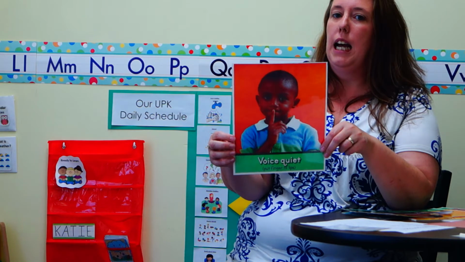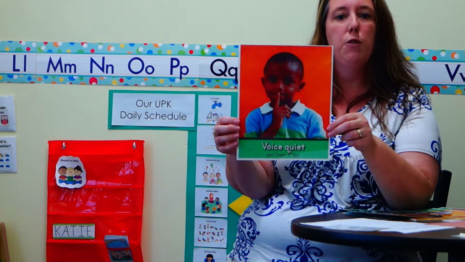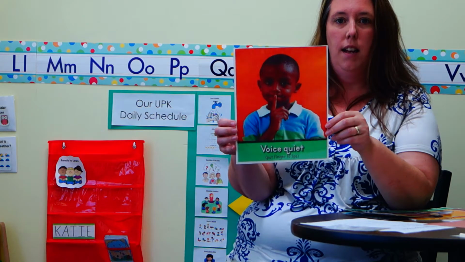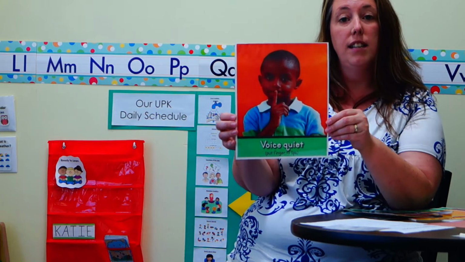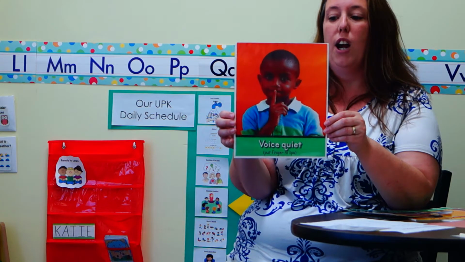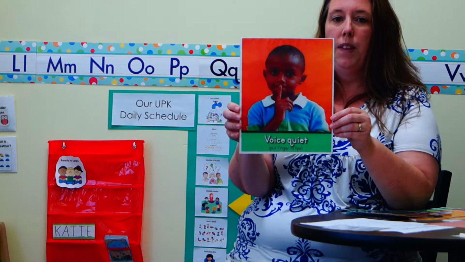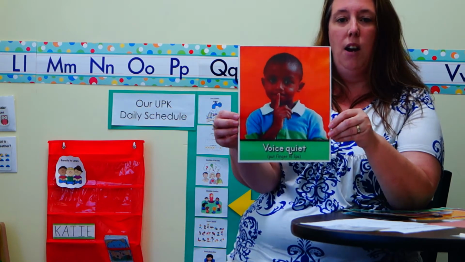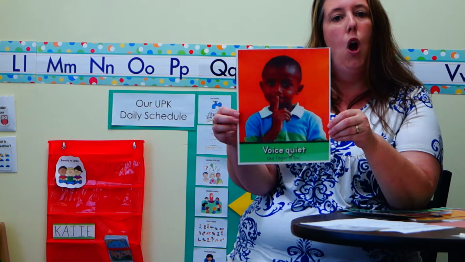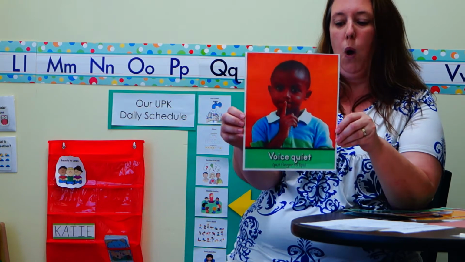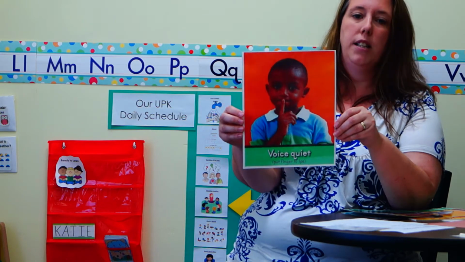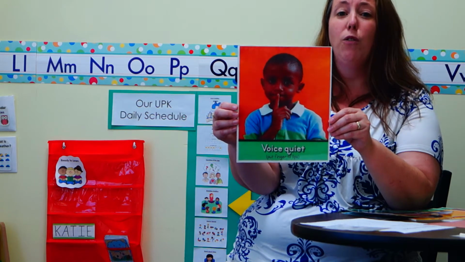But when we're inside and when we're learning, we have to use our quiet voices. That way other friends can hear, and that way our teacher can hear all of our friends. You can pause the video now and talk to your grown-up about other places you might use your quiet voice, or places you might use your really loud voice.